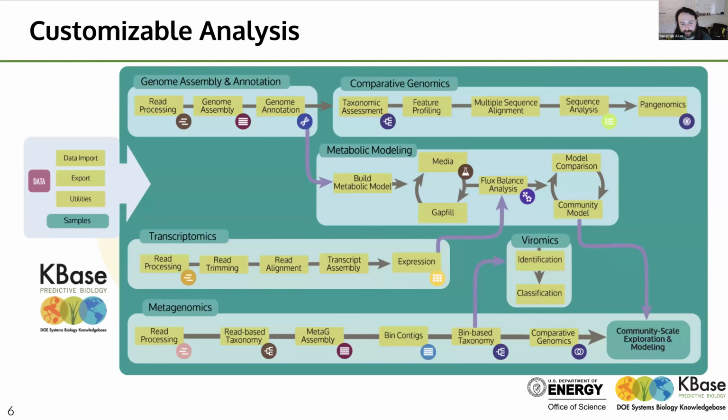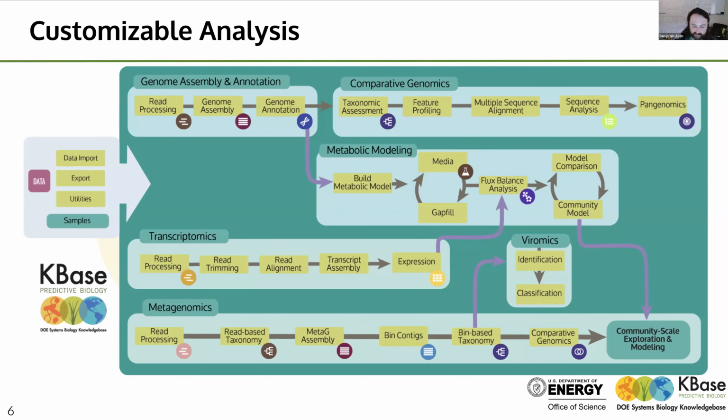As I said, we enable a variety of customizable analytical pipelines. I'll show you how these are broken down in the narrative and how you can select from different flavors of tools. But you can just see here what we offer you is a way to not just run some singular pipelines, but to connect those things together.